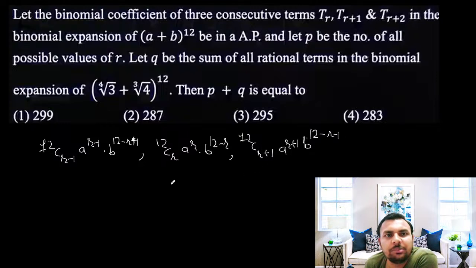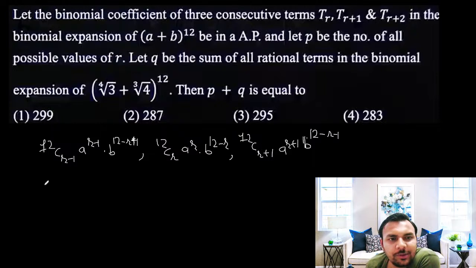Okay, they are in AP. Let P be the number of all possible values of r, and Q be the sum of all rational terms in the binomial expansion. Okay, so they have given something different.